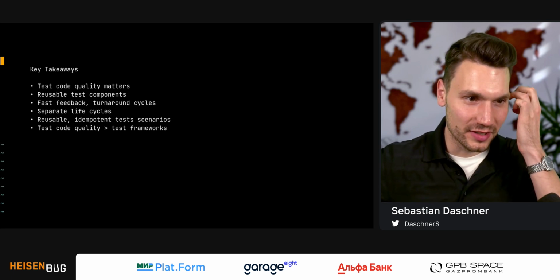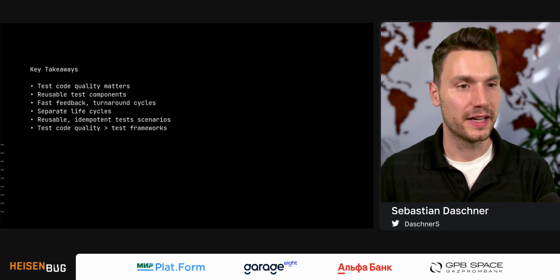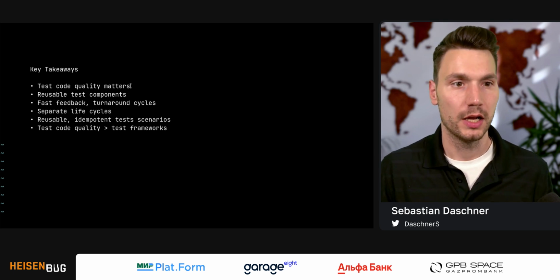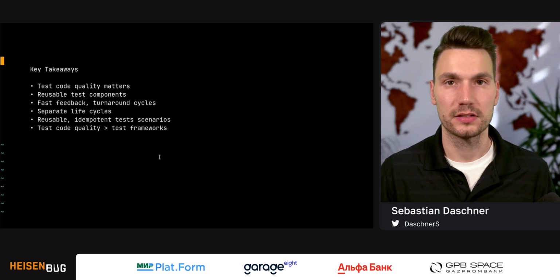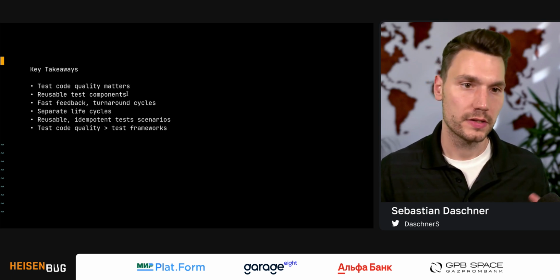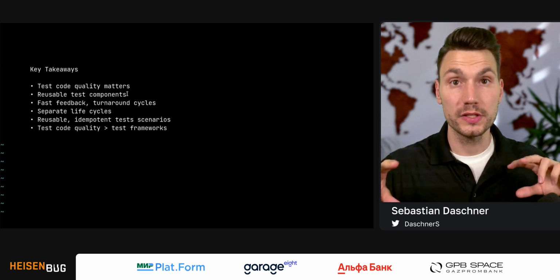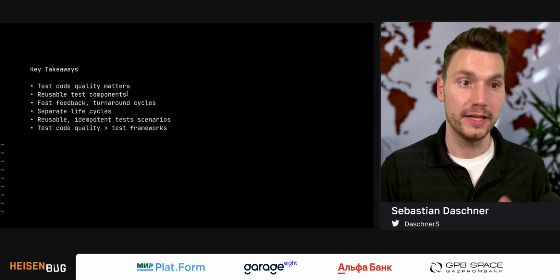Okay, so let's talk a little bit about some key takeaways. First of all, test code quality matters. I think this is really important, and I think it matters more than some test technology. And in any way, it helps. You saw this in system tests and also in lower level, whether unit tests or use case tests, to create reusable test components in your code.